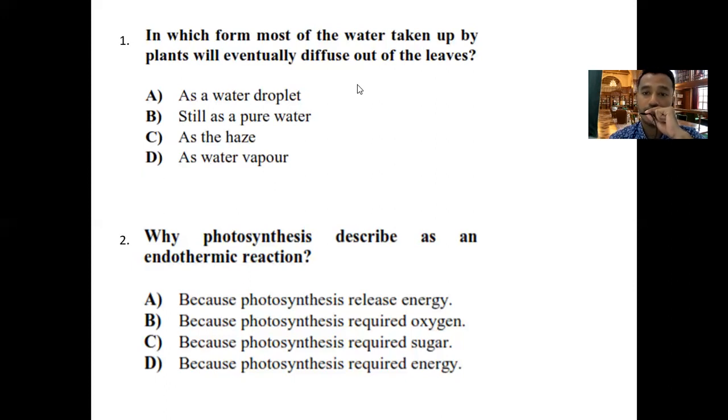You can do that experiment to get the results. So the correct answer for number one is D, as water vapor.